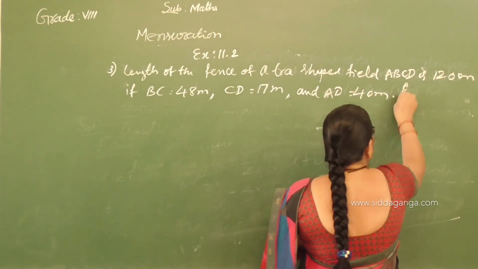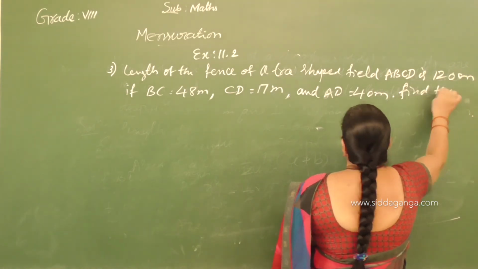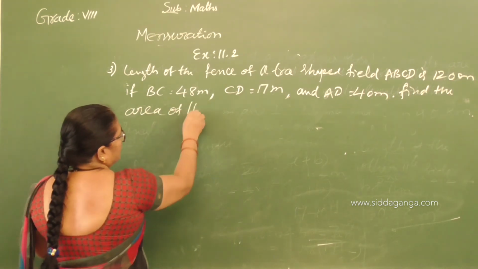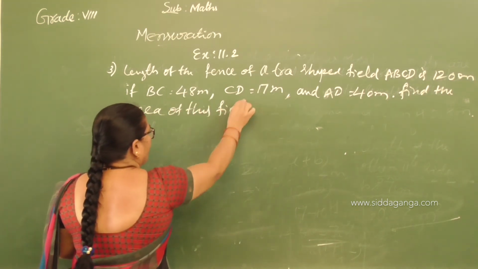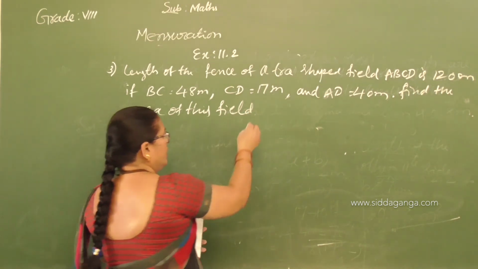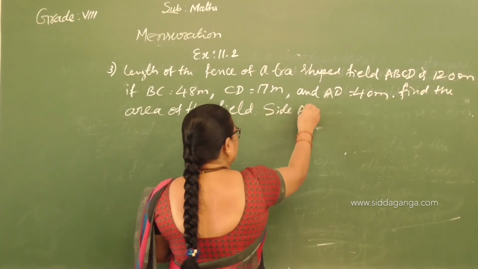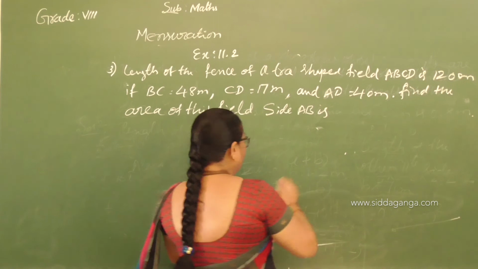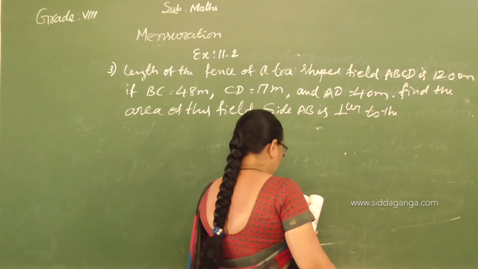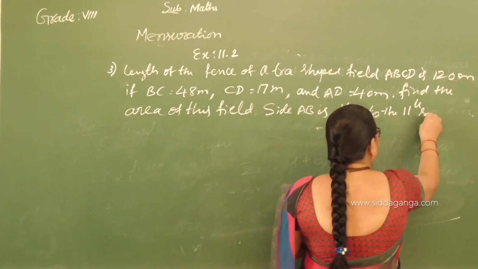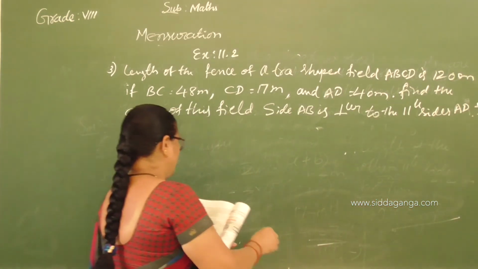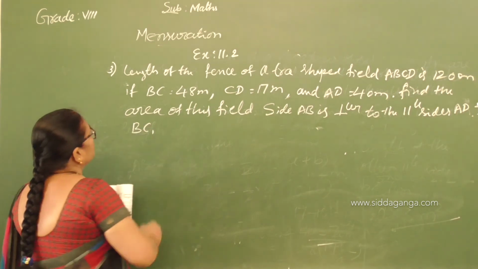Find the area of this field. Side AB is perpendicular to the parallel sides AD and BC.